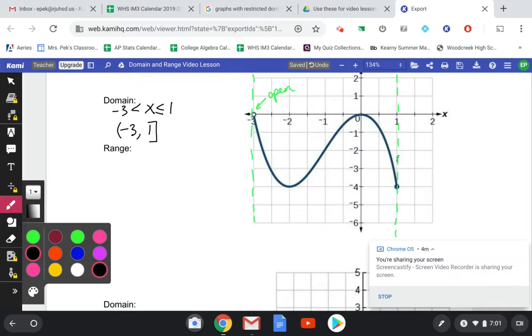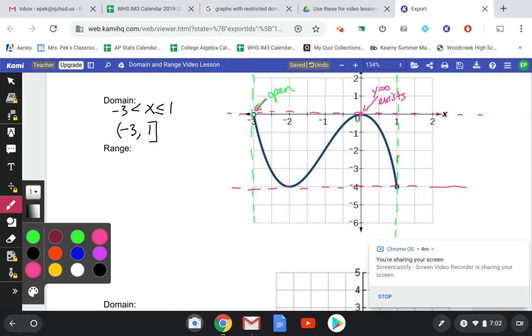Now for the range, we want to think how far down and how far up this function is going to go. We can see the function's going to go as far down as negative 4, but the upper limit of our graph is a little tricky because we do have this open circle here when y is 0. But if you look at this point here, y equals 0 exists.